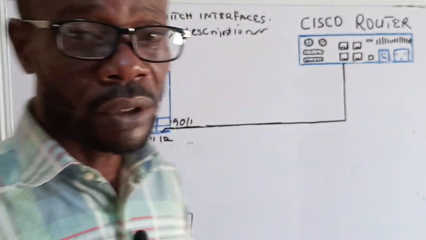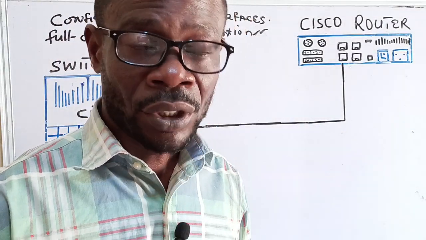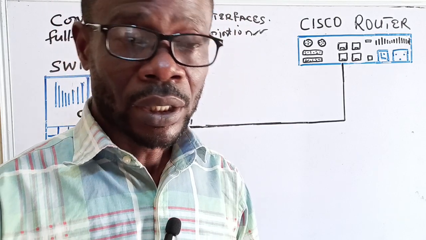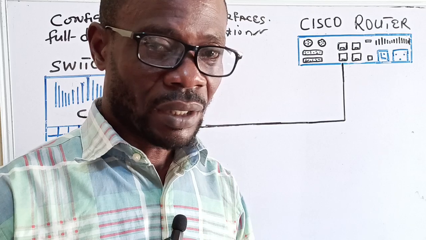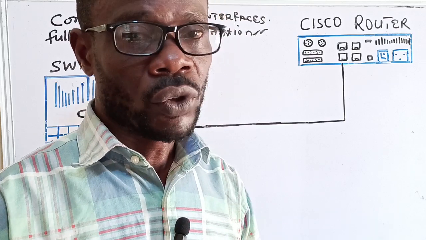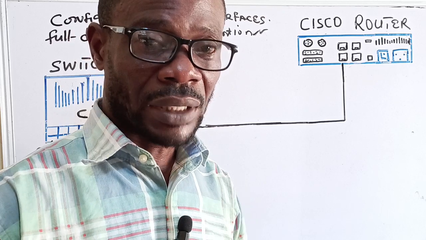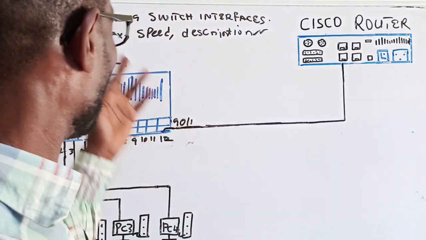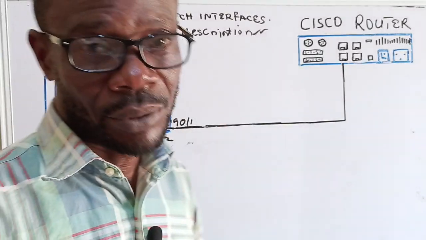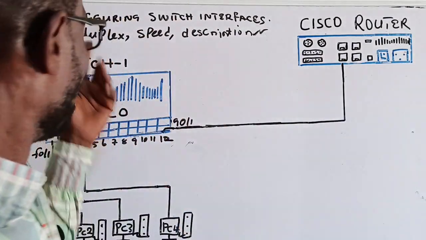These three configurations I mentioned are for virtual LANs, which we will cover when we come to the virtual LAN topic. But now I want to configure these interfaces with full duplex, speed and description. Let's start from full duplex.